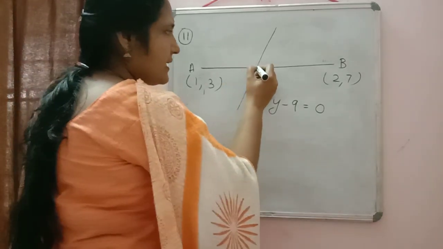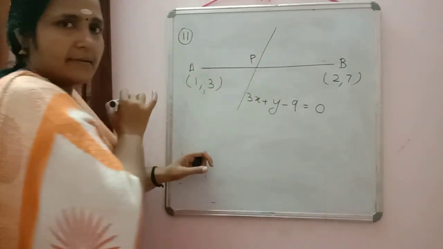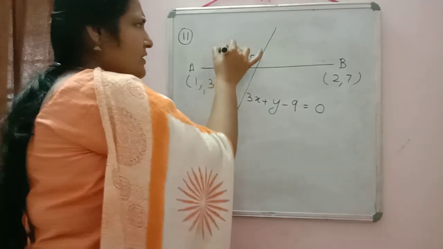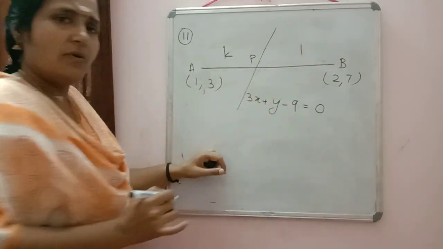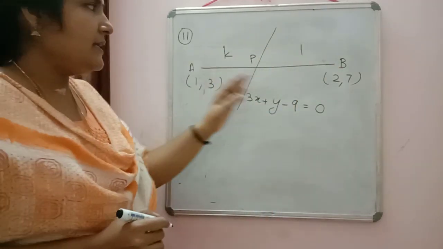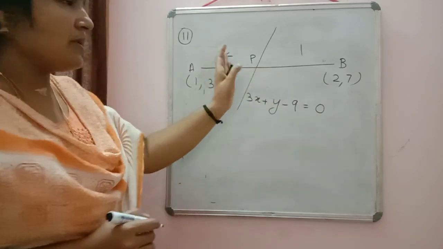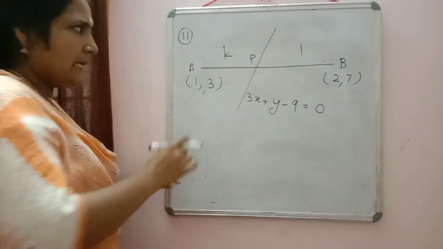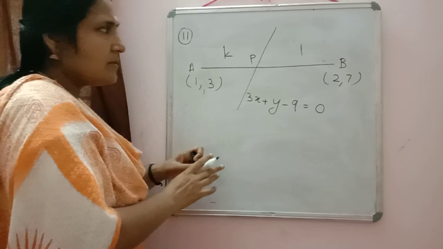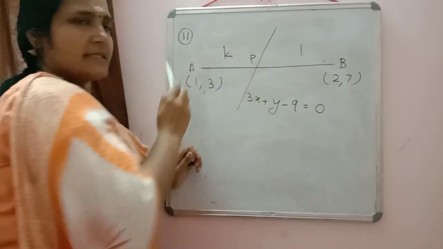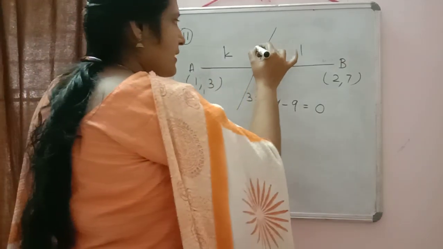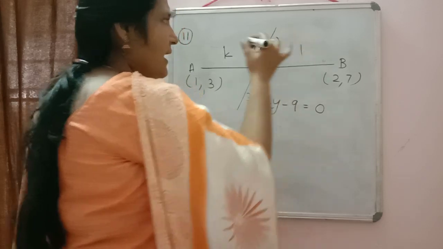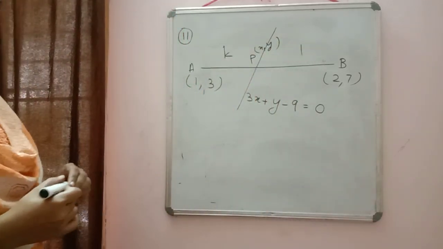So suppose we take this point as P, and I am taking the ratio as k is to 1. Suppose P divides AB in the ratio k is to 1. So P lies on AB and P also lies on this line. We write the coordinates of P as (x, y).